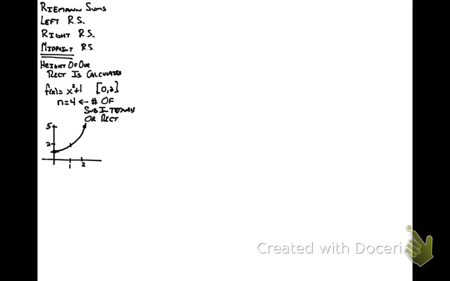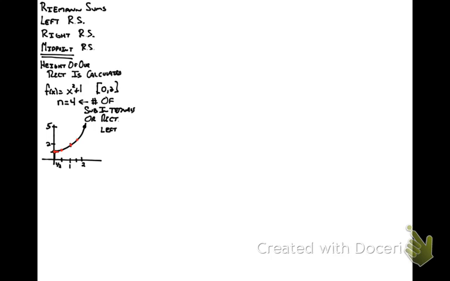Now, a left Riemann sum of 4 rectangles means that we're going to have rectangles that are half of a unit wide, and that the height of the rectangles will be calculated at the left-hand side.